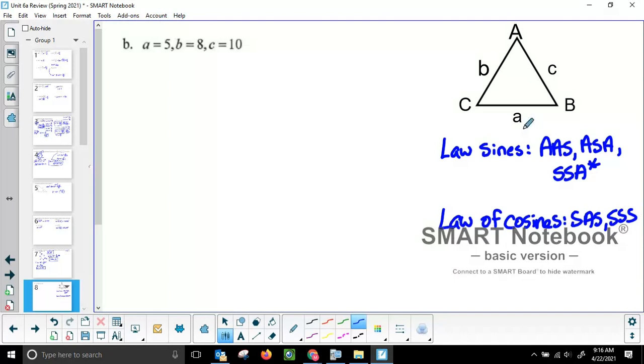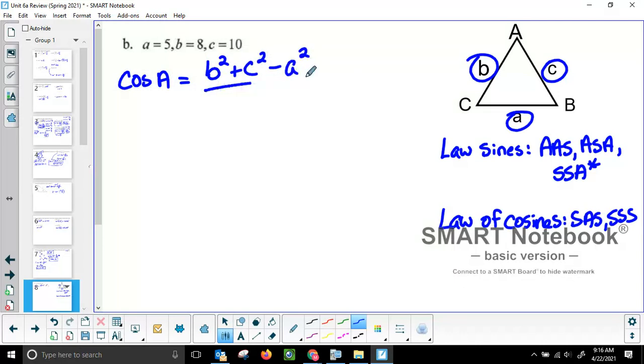Here, obviously, we are given side A, side B, and side C. So that's obviously side, side, side, so I'm going to be using law of cosines. The alternate form is the cosine of angle A is equal to B squared plus C squared minus A squared over 2BC. To solve for just angle A, we don't want cosine of A, we want angle A, so we take the inverse cosine of both sides.